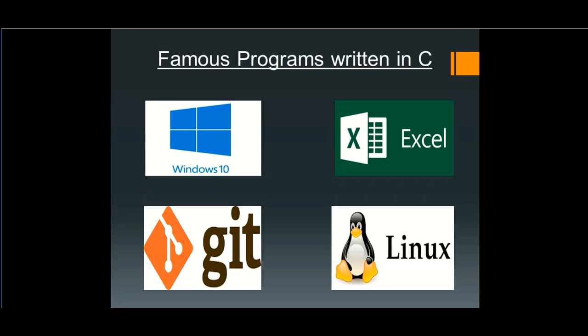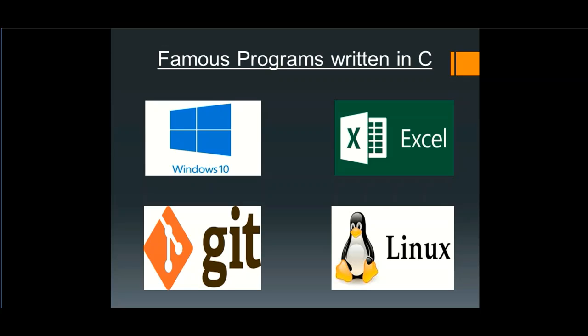And what you gain out of learning C programming is that you can create amazing software like Windows 10, Excel, a very popular spreadsheet software, Git, which is the technology used for GitHub, an open source website that people can upload the source code of their applications to, and Linux, another operating system, right?